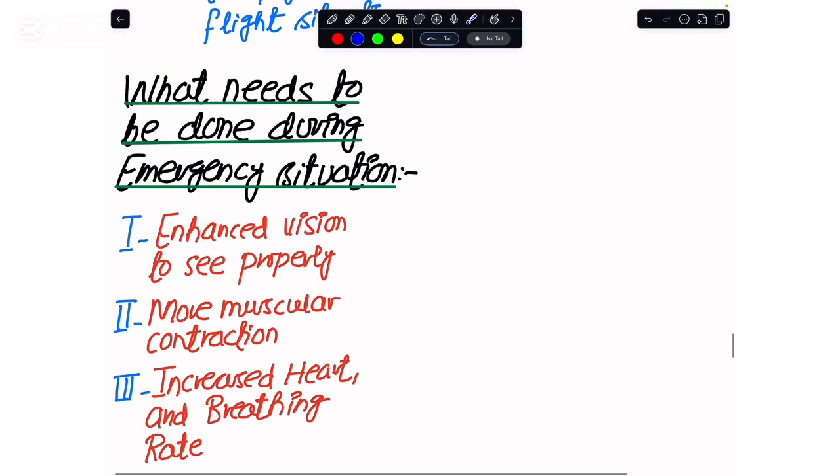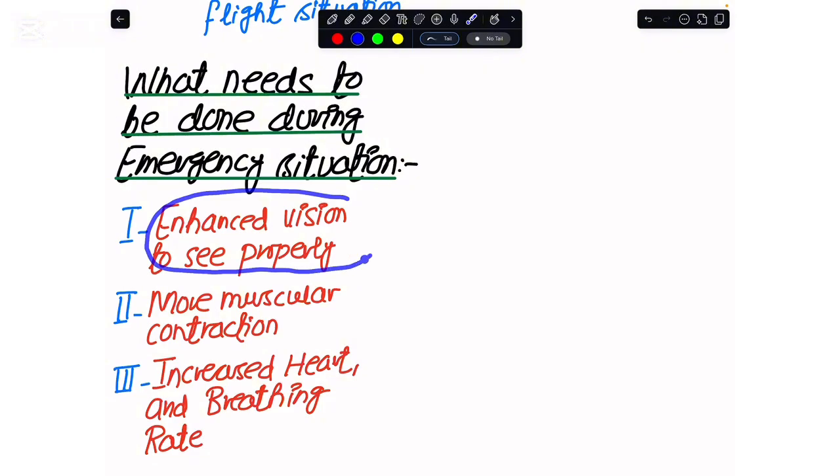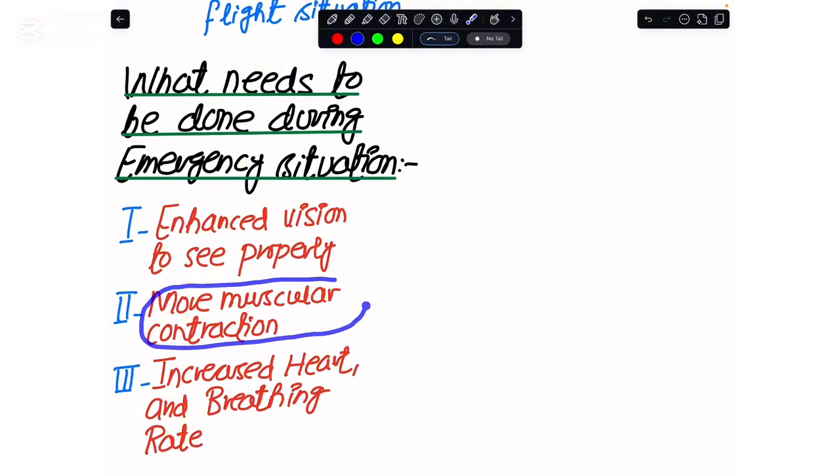Now, the thing is, what needs to be done during an emergency situation? In an emergency, it is important that I have proper vision, because if I do not have proper vision, then I can neither fight properly nor flee properly. Other than that, I have to make sure that the muscles of my body contract more so that we can overcome the emergency situation.